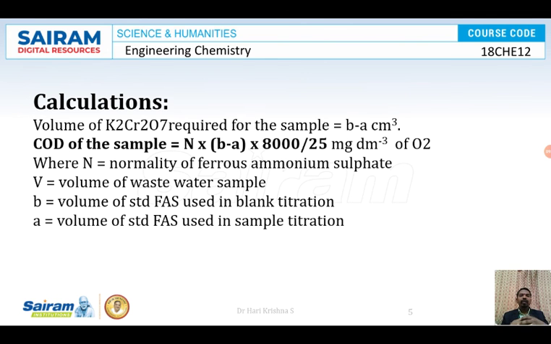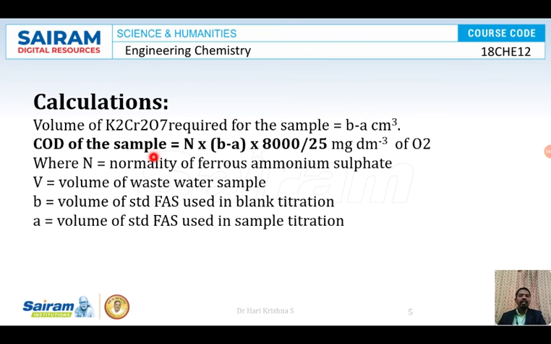By that I'm going to calculate the COD of the sample. The volume of K2Cr2O7 required for the sample is given by B minus A, where B is the volume of FAS run down for the blank titration, and A is for the sample.